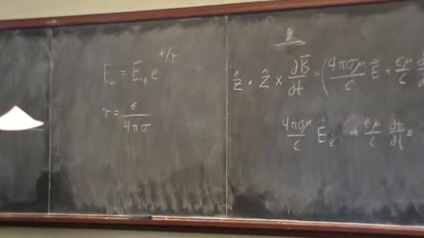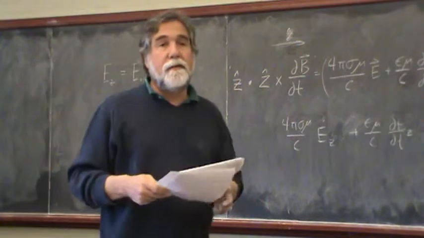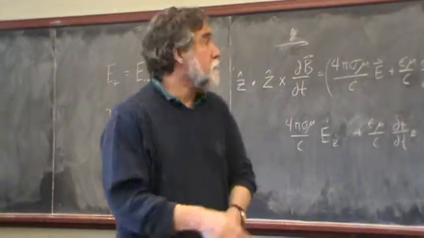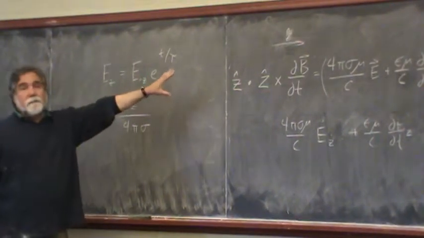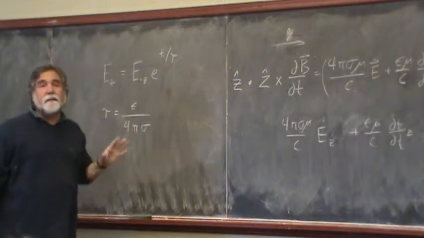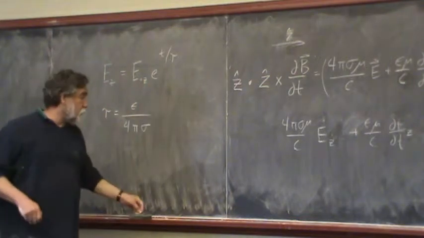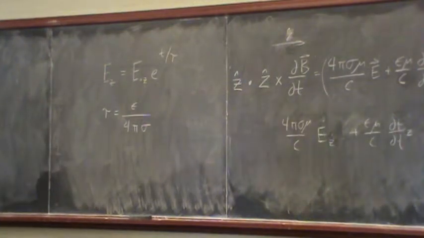So there's a longitudinal component of the electric field for this wave that decays with time, and therefore decays with distance, that is permitted by Maxwell's equations because I had an imaginary component, the sigma, to the wave, right?